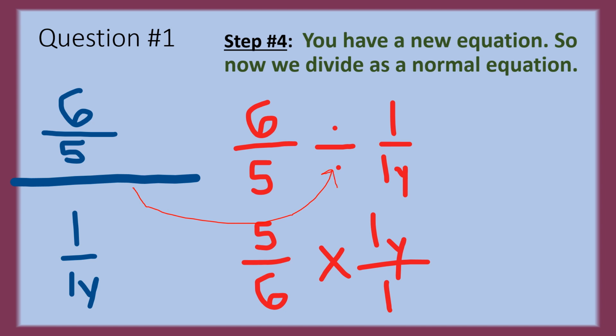And what's happening is, if you guys remember, when you get ready to divide, you have to flip. You have to flip this, okay? So when you get ready to flip this as a normal equation, this is this. You can flip this too, okay? You can make this, instead of flipping that, you can make this 6 over 5 times y over 1.